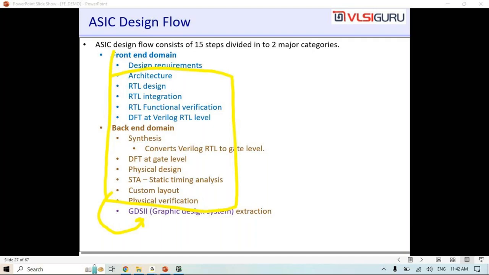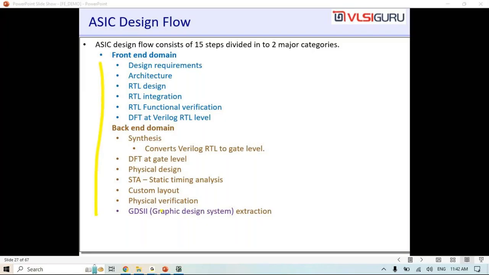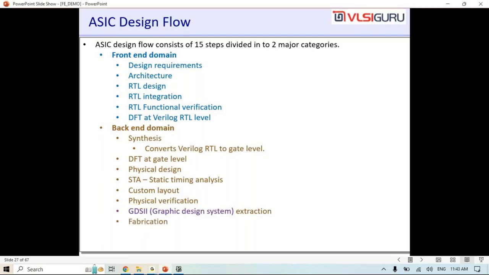In ASIC, this is the costliest process. Doing this entire thing is the costly process. Once you have this file, per-chip manufacturing is very cheap. Then it goes for what? Fabrication.